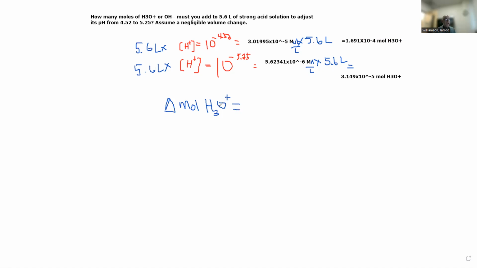If I did it right, I get 1.376 times 10 to the negative 4 moles, or within the correct sig figs now, 1.4 times 10 to the negative 4 moles of H3O plus that has to be consumed because I'm going in the basic direction.